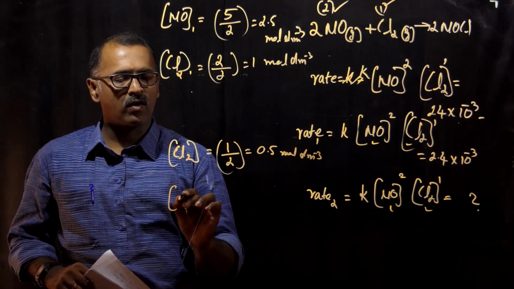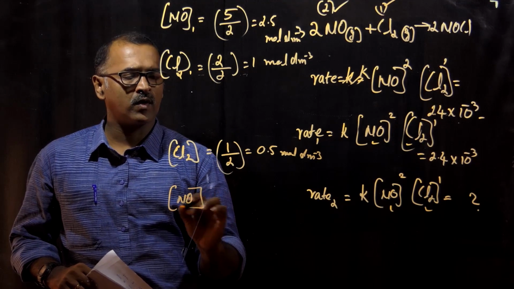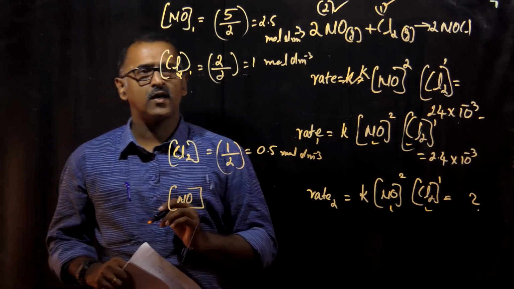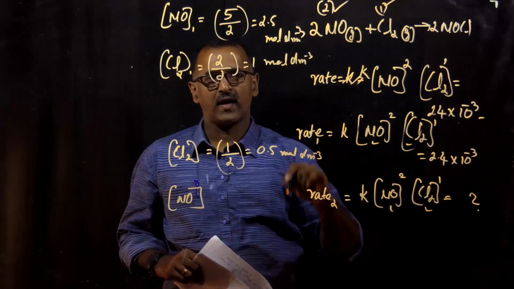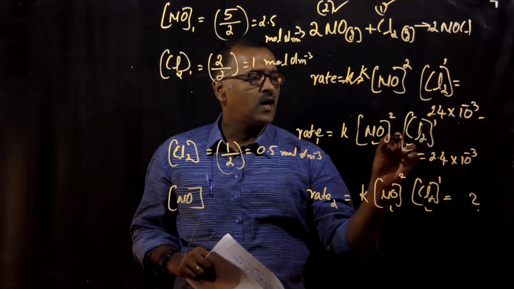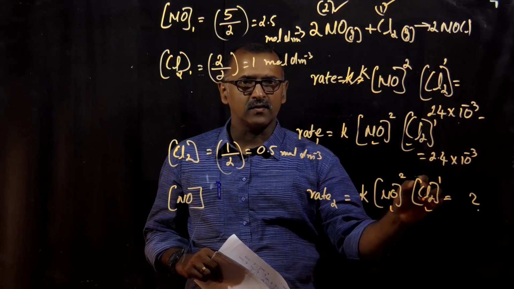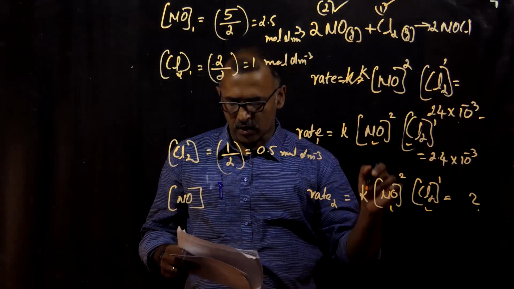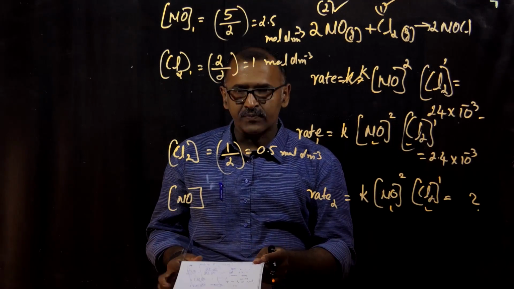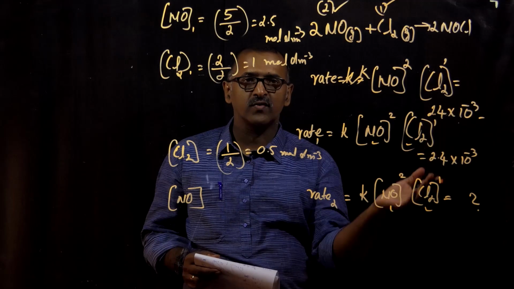Now what will be the amount of NO? 1 mole of Cl2 will react with 2 moles of NO. That means if 1/2 has been reacted, 1 mole of Cl2 has reacted, so 2 moles of NO would have been reacted.